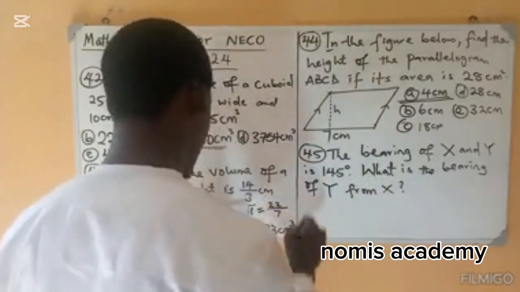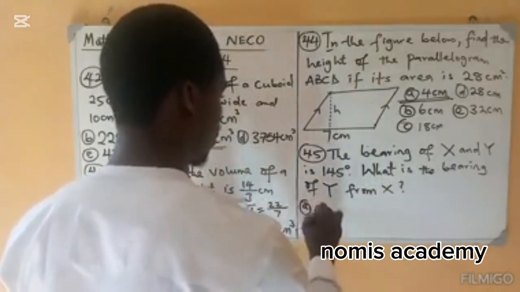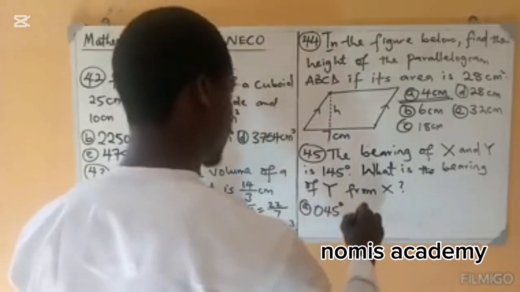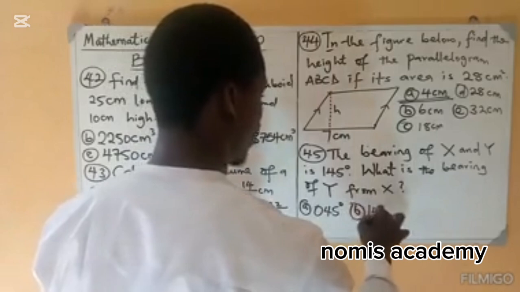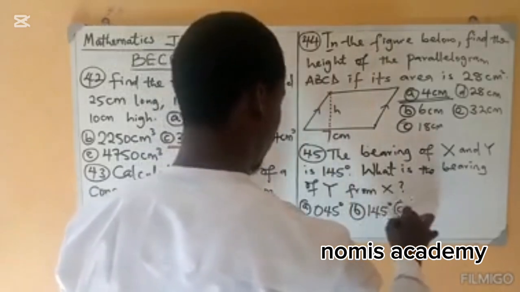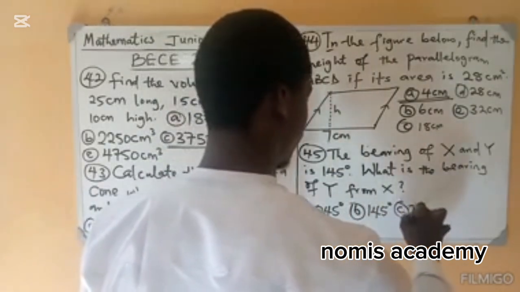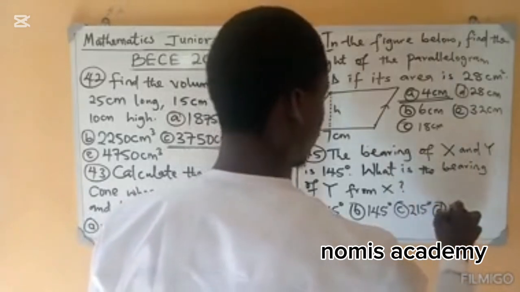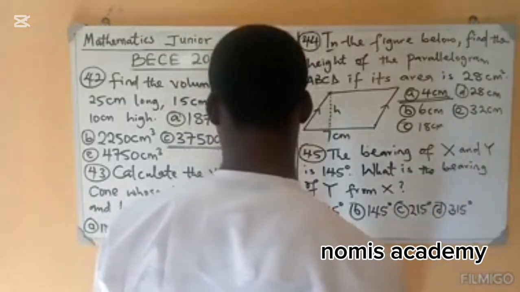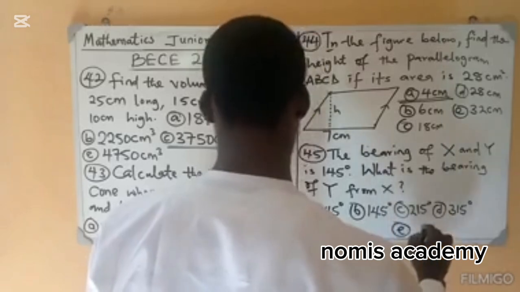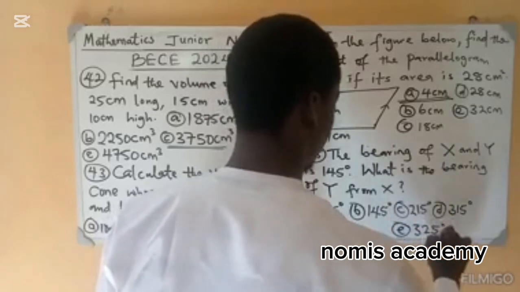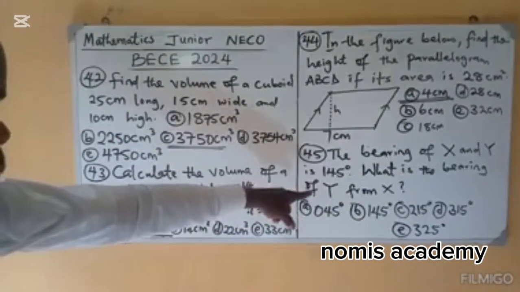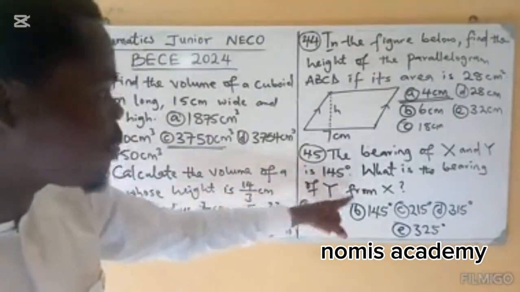The options are A, 045 degrees, B, 145 degrees, C, 215 degrees, D, 315 degrees, and option E, 325 degrees. Now we are asked to find the bearing of Y from X.